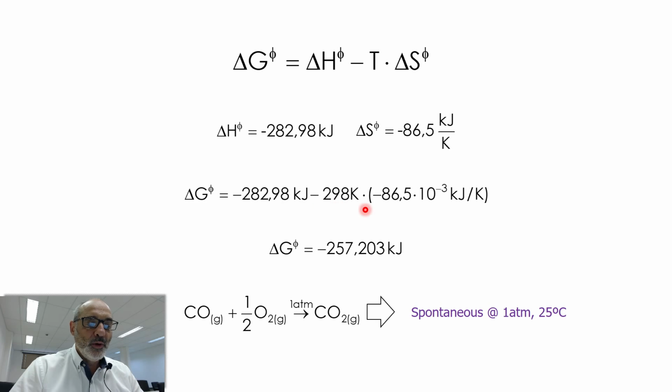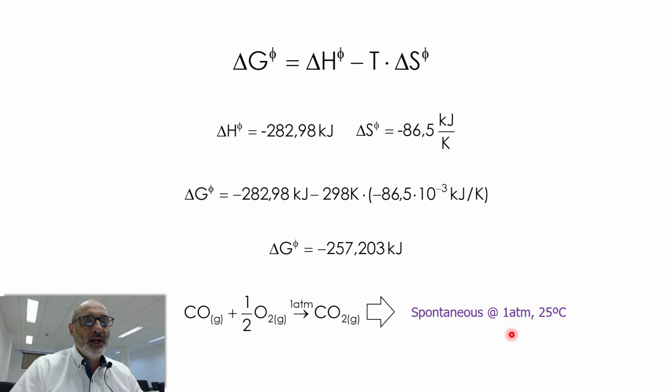So when we add these terms and make all the calculations, we get delta G minus 257.203.